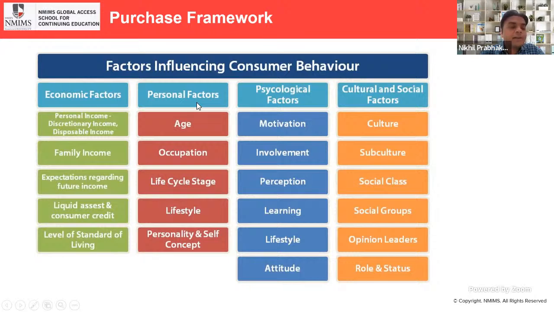Then, of course, we have personal factors depending on our lifestyle, age, occupation, and stage in our overall life cycle. So let's say whether we are married, have more responsibilities, have kids and all. These also are going to affect the purchase decision. Then, of course, we have psychological factors which vary from person to person.